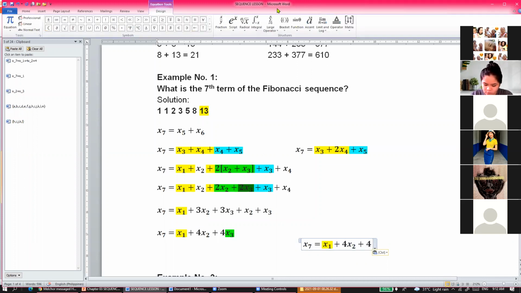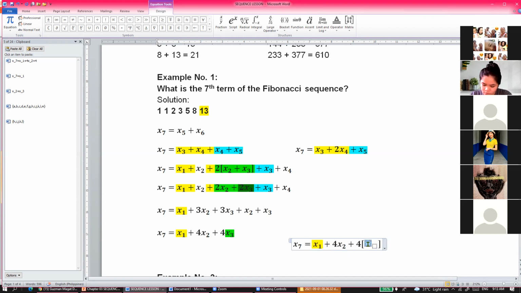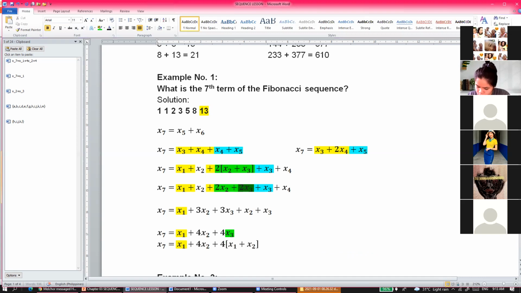That's why I'm going to write a bracket. First, I will write X sub 1, then plus X sub 2. Okay? Ngayon, i-distribute ko yung 4 sa bawat term na meron doon sa naka-bracket. I will multiply 4 to X sub 1 and 4 to X sub 2.